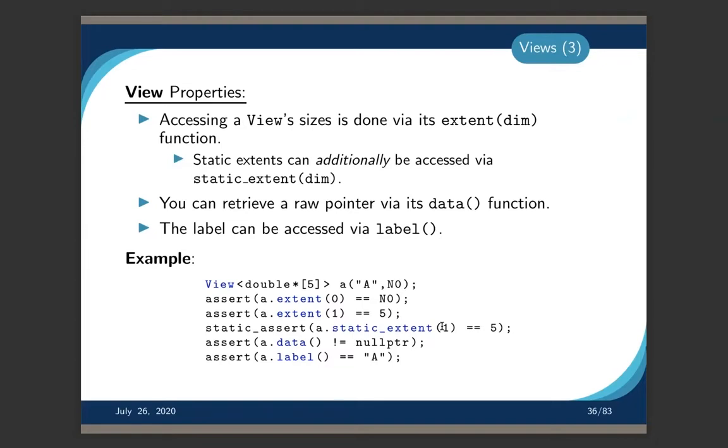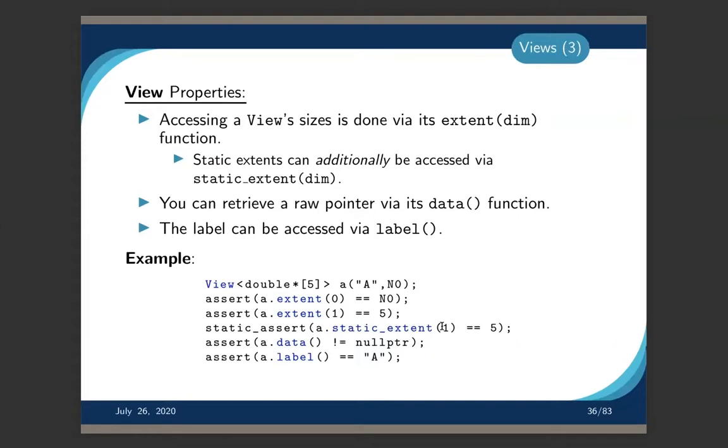There are a number of view properties. One of the most important is the extent, which is how long it is in each dimension. There's also a static extent function, which can be used in compile time contexts, like template parameters.